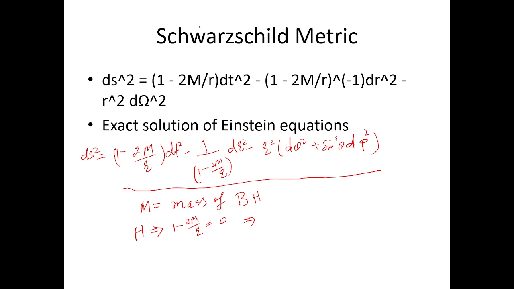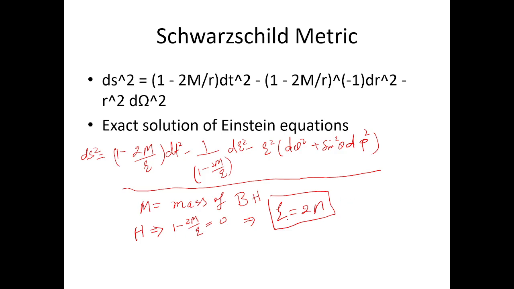That will give us r is equal to 2m. This defines the horizon of the black hole. When we put r equal to 2m, that is the singularity, horizon singularity, and the whole mass of the black hole is accumulated.